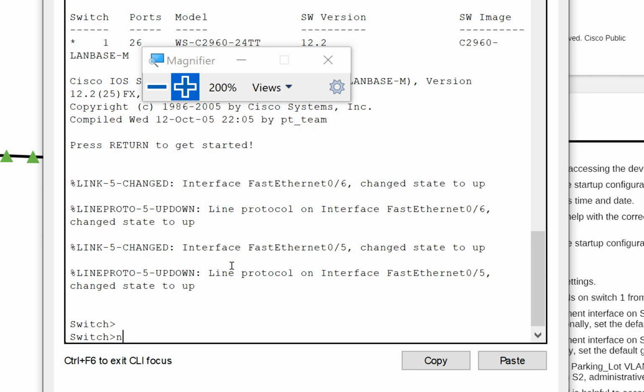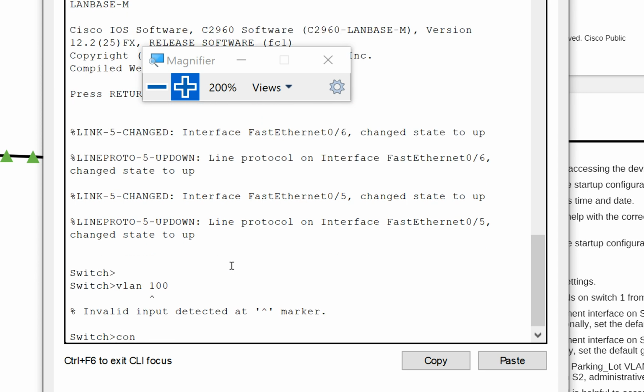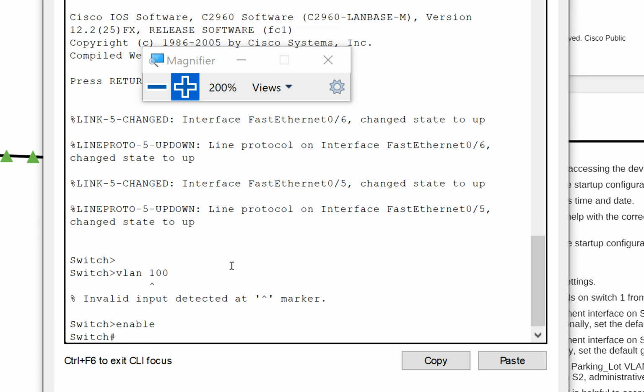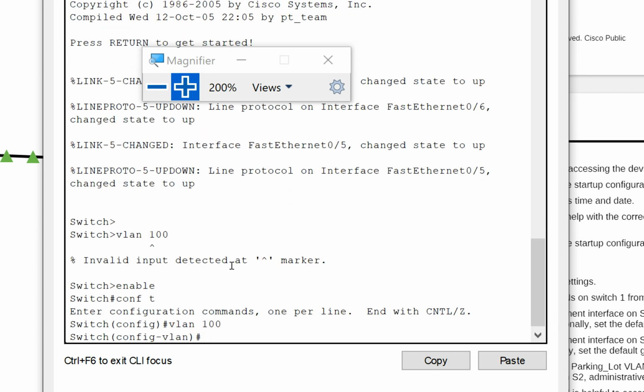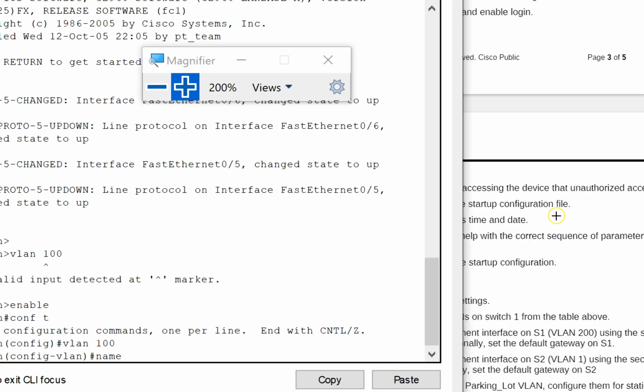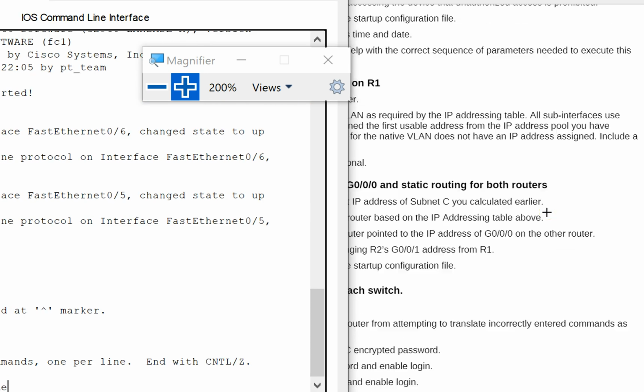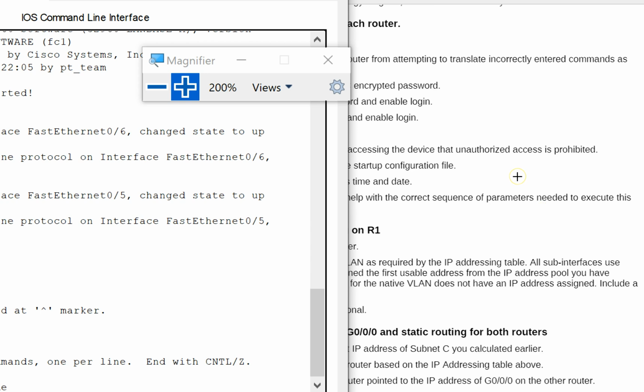So let's do that. VLAN 100. Oh, I have to be in the right mode. Enable, conf t, VLAN 100. Name. Now, I don't know the names, and I'm not going to guess.